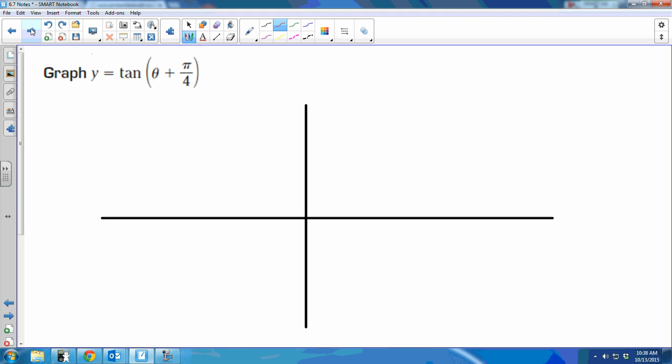Then the next thing you look at is the period. The period is always going to be, again, pi over k for tangent and cotangent. So k in this case is 1, whatever's in front of the theta. So pi over 1 is just pi. We still divide the period by 4 to get what our scale is. Still the same.